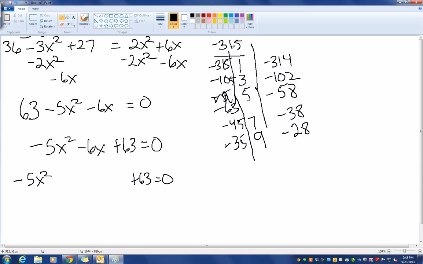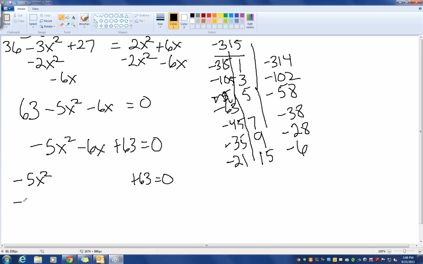So 11 won't divide evenly in here. How about 13? 13 won't work here. How about 15? Well, 15 goes in negative 21. Negative 21 times 15 equals negative 315. We add them together. Phew, that adds up to negative 6.